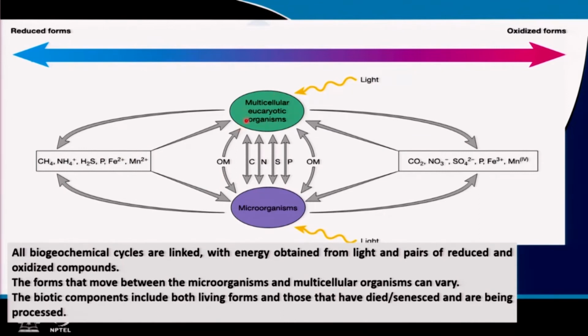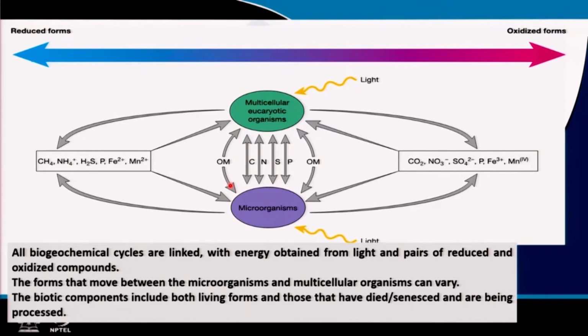So, as I mentioned earlier, in any kind of community there will be a close interaction between the microorganisms which are catalyzing this redox transformation and the macroorganisms. This redox transformation catalyzed by the microorganisms is also interconnected with the activities of the multicellular or macroorganisms.